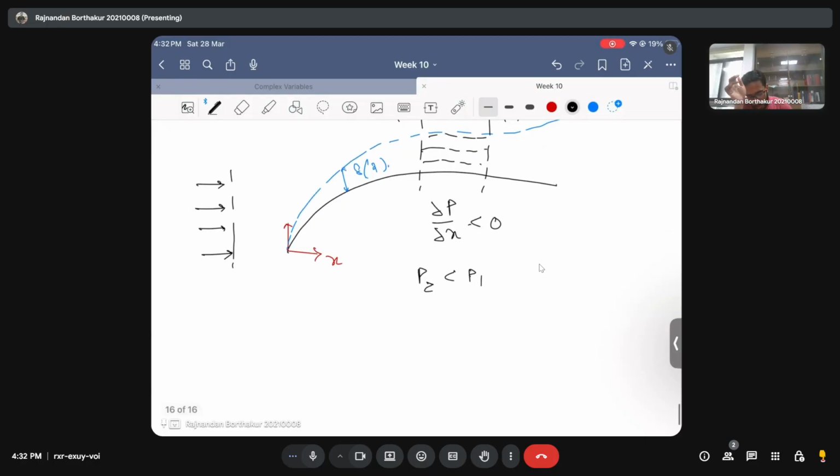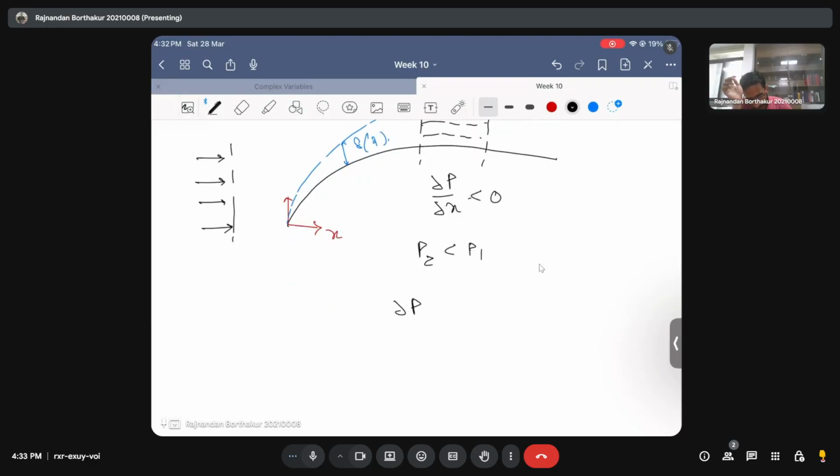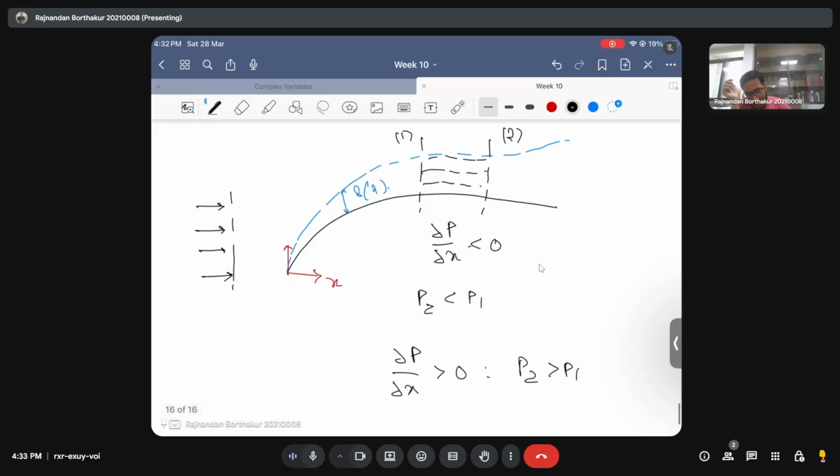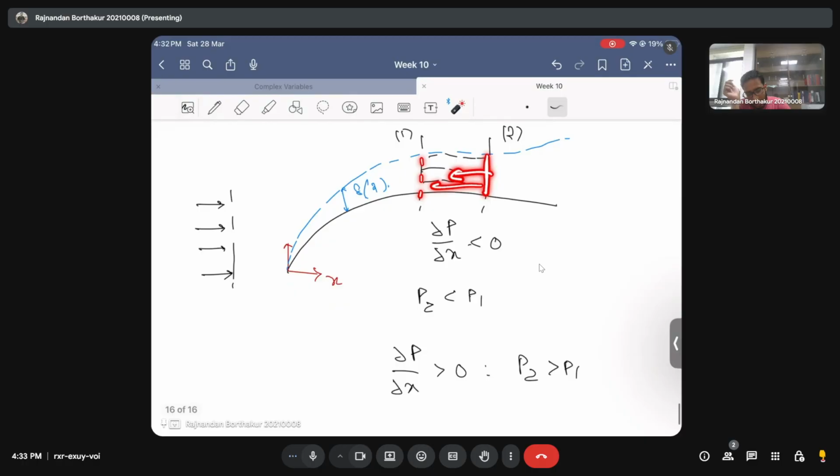But if there is a pressure gradient of this form, that del p by del x is greater than 0, this means that p2 is greater than p1, which means that here the pressure is more and here the pressure is less. So there is a net force in the opposite direction to the actual flow of the fluid, which means that the pressure gradient actually tires the fluid down, and it might cause boundary layer separation, but it is not guaranteed to cause boundary layer separation.